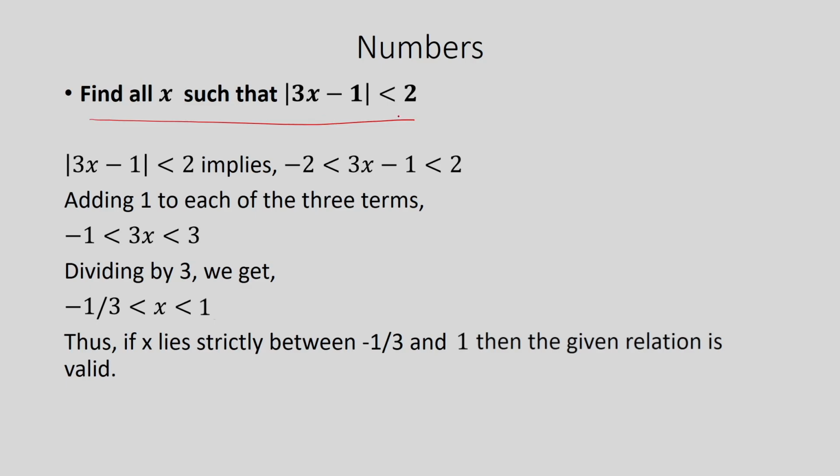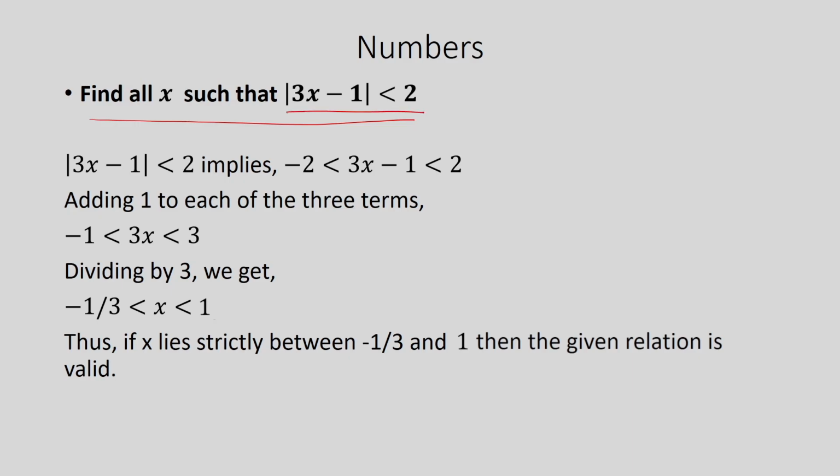Find all x such that the modulus of 3x minus 1 is strictly less than 2. Let us try to understand what this question is asking. We have to find all those real values of x such that this condition holds.